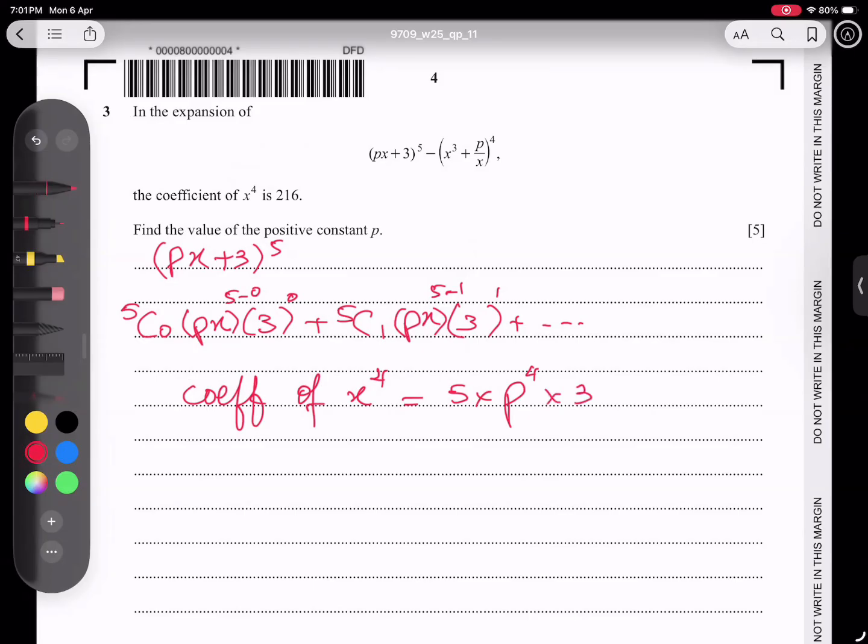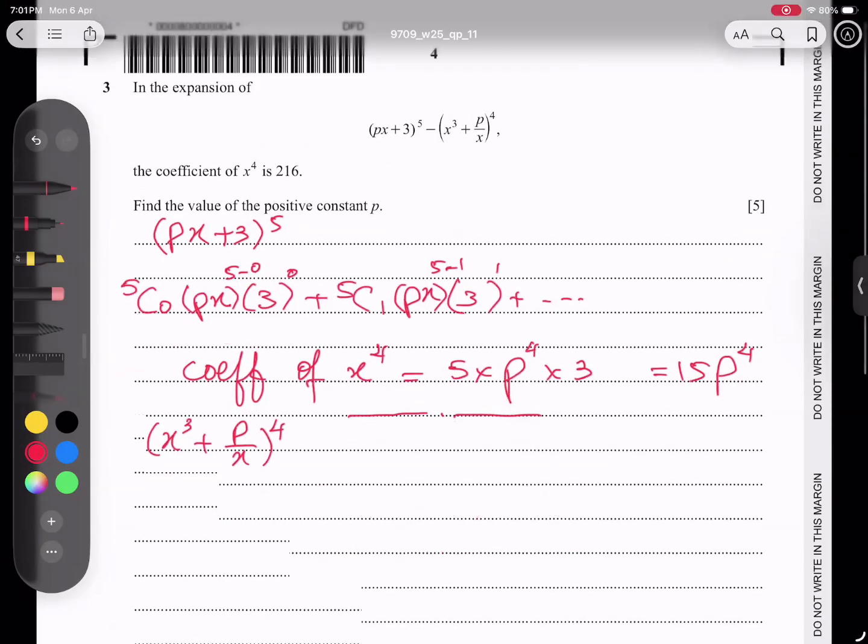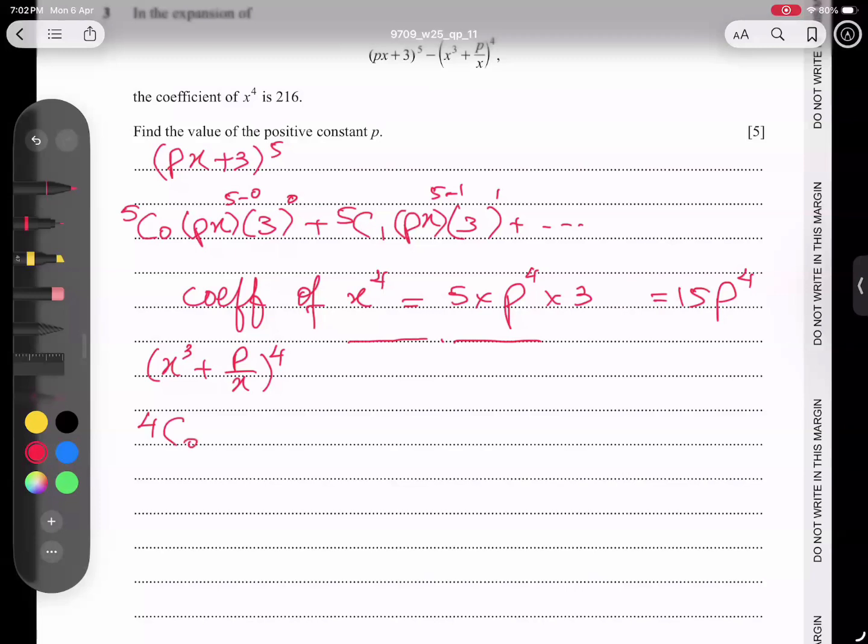So I'm getting here 15p to power 4. Okay, now let's talk about the second bracket. So I'm talking about x cube plus p by x. Now here we have to do carefully 4C0, 4C1.